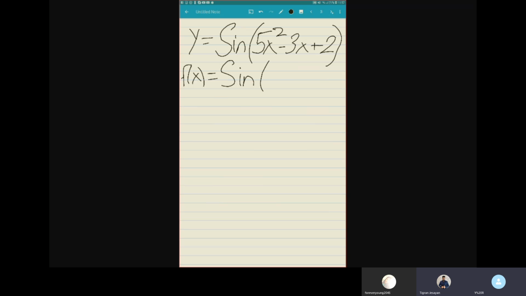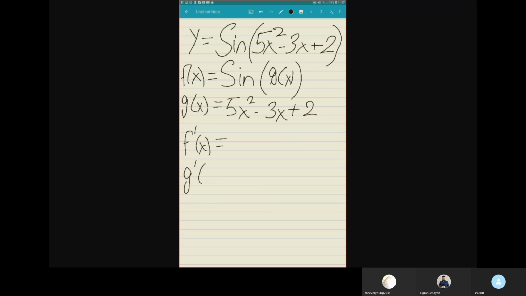Sine of g(x), right? And then we need a g(x), and that is 5x to the power 2 minus 3x plus 2.